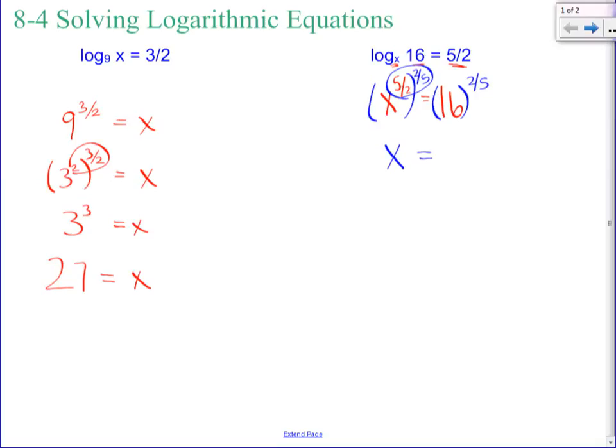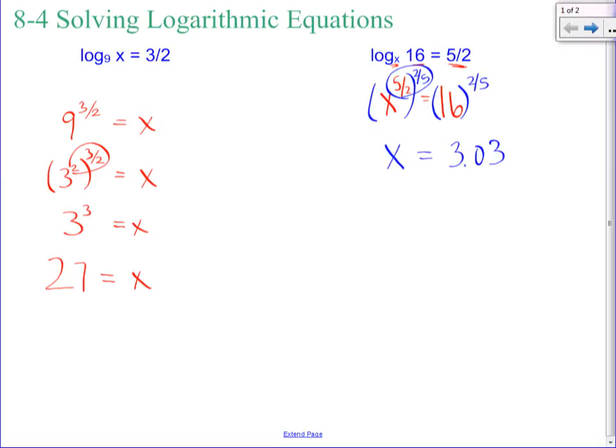I believe it's a decimal. Questions on that? No?